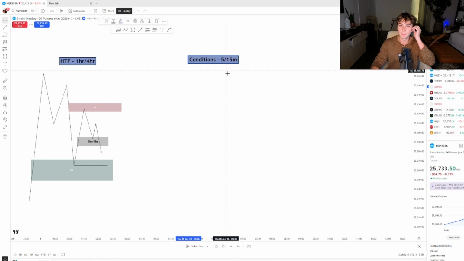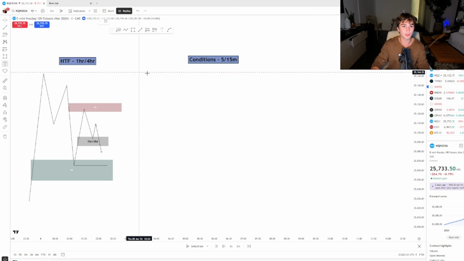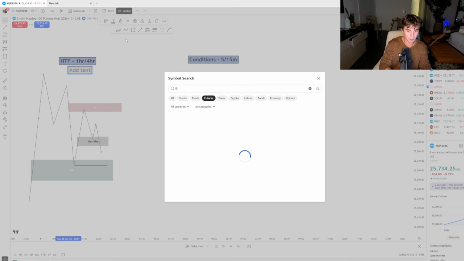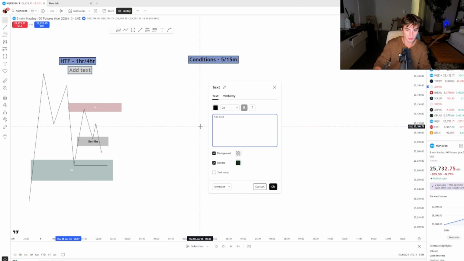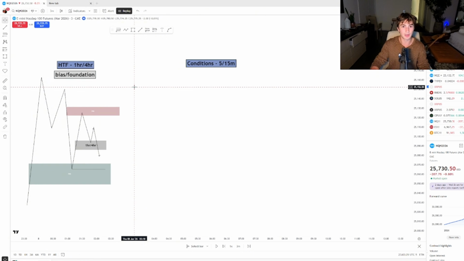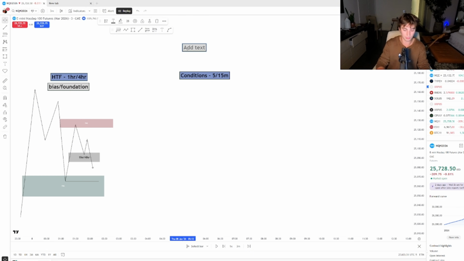This is a transactional one, right? It's going to be bias / foundation of your ideas. We'll just call this whole thing confirming an idea.